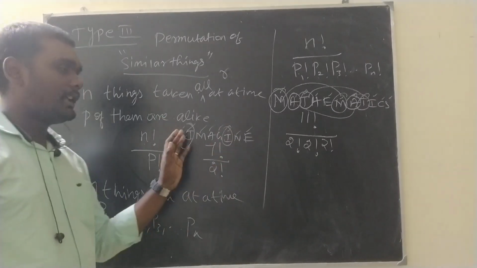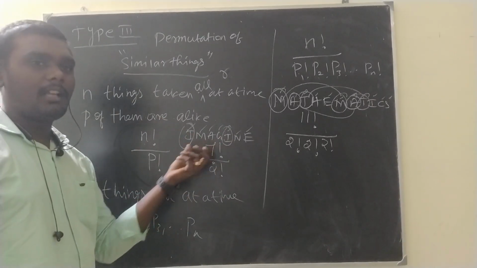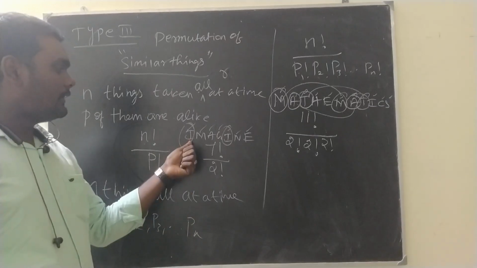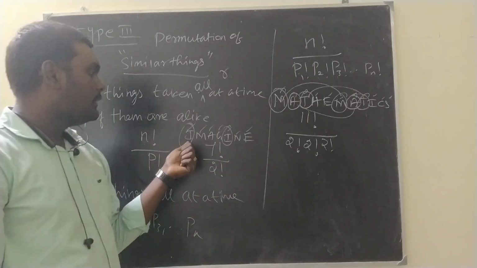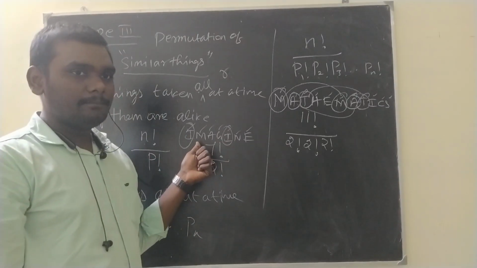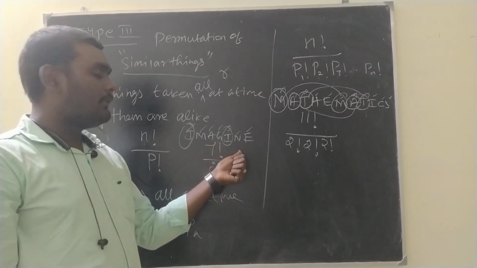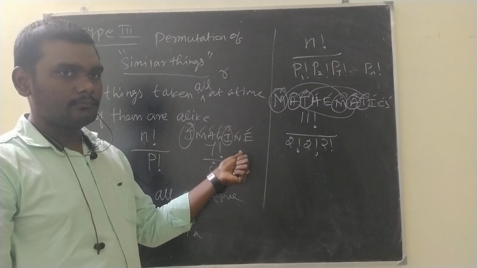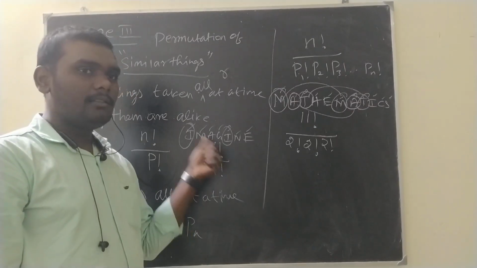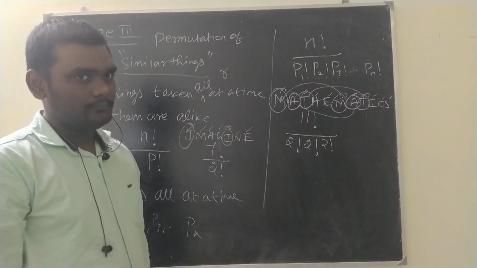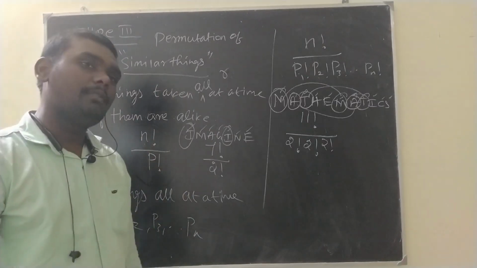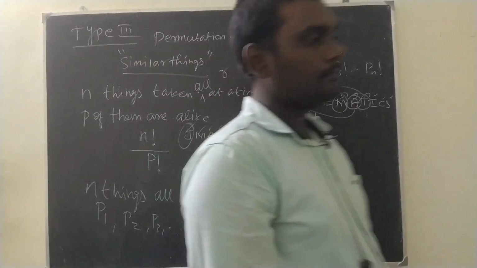Instead of taking all at a time, suppose 5 at a time or 4 at a time. In this example itself, if we take only 3 at a time, how many permutations can be formed? 7P3 by 2 factorial. That's all. Instead of n factorial, we use the nPr notation.